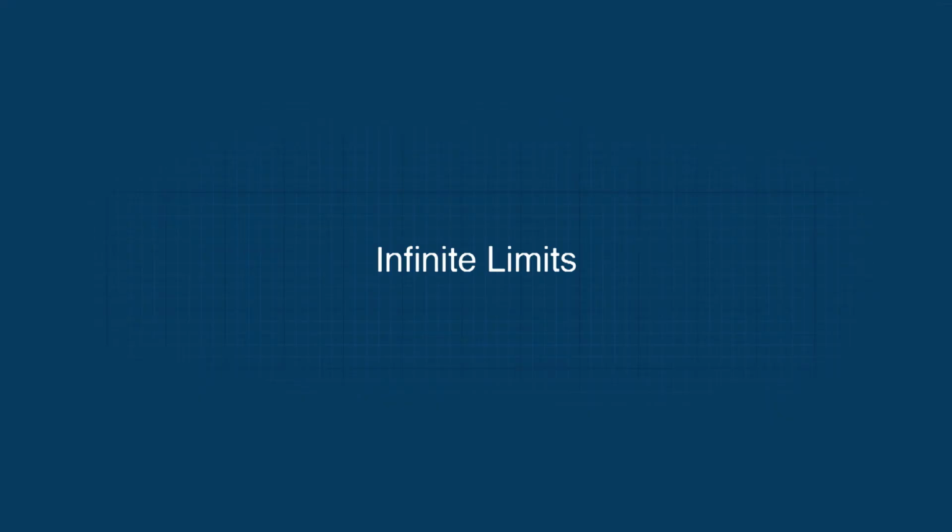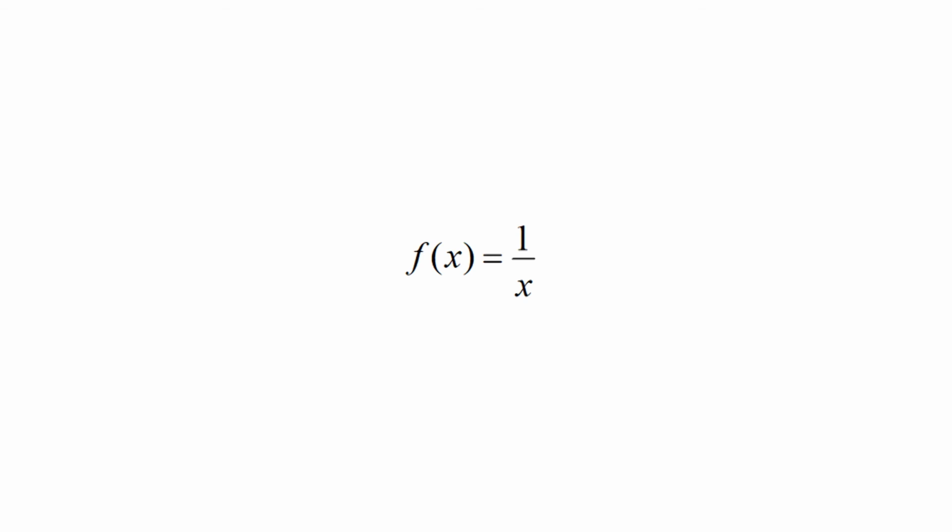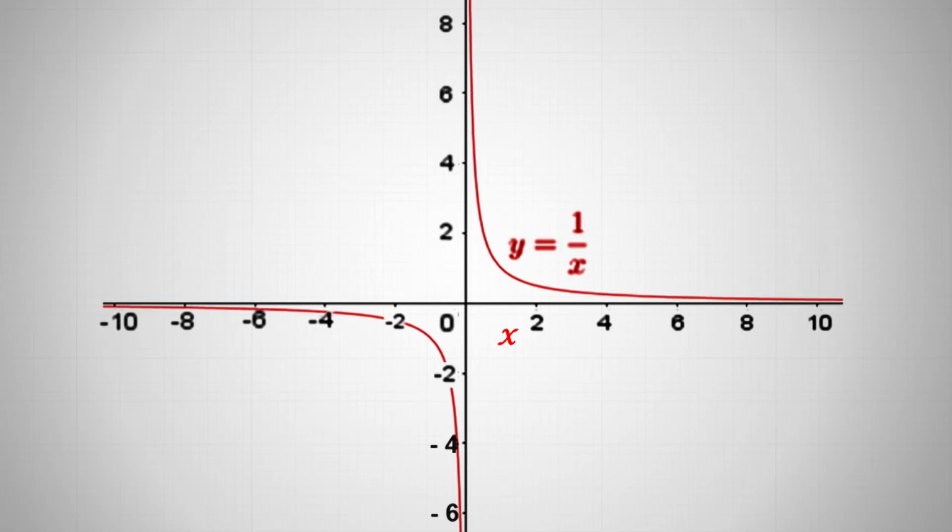Infinite limits. As another example, let us consider the behavior of the function f of x equal to 1 upon x for values of x near 0. It is evident from the graph that as x values are taken closer and closer to 0 from the right, that is along the positive x axis, the corresponding values of f of x equal to 1 upon x are positive and increase without bound.